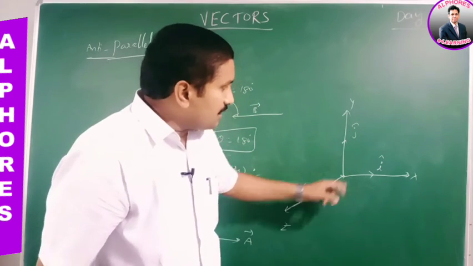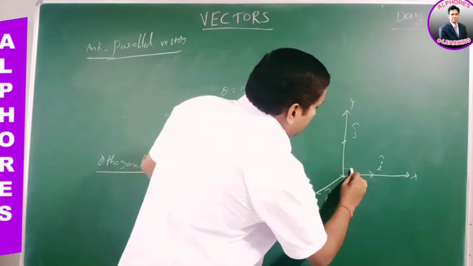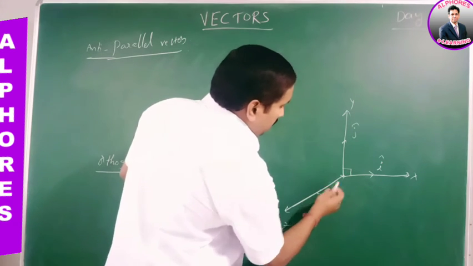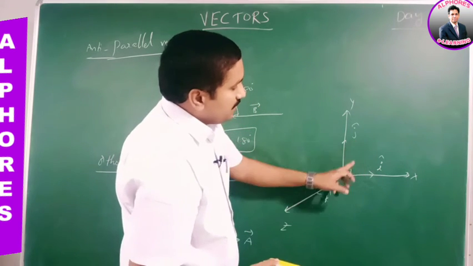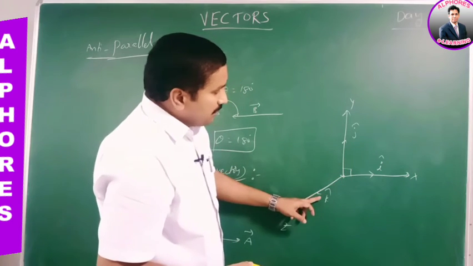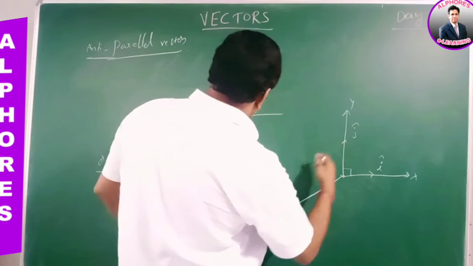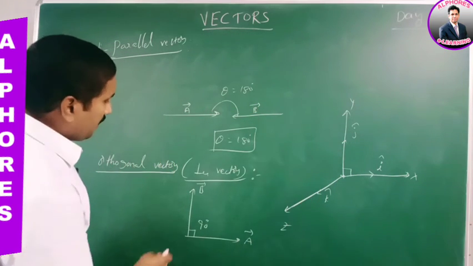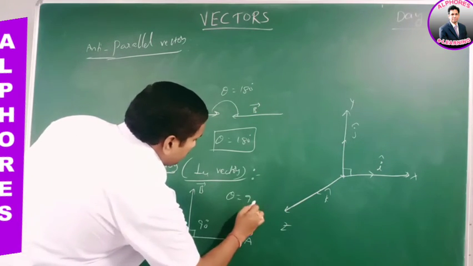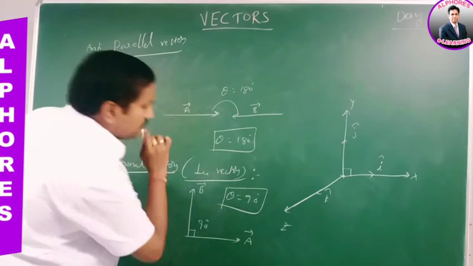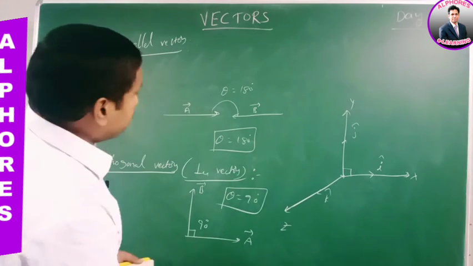These are perpendicular unit vectors, because the angle between i cap and j cap is 90, j cap and k cap also 90, i cap and k cap also 90. So these are examples of perpendicular vectors. Perpendicular vectors means the angle of inclination between them is 90 degrees. Okay.